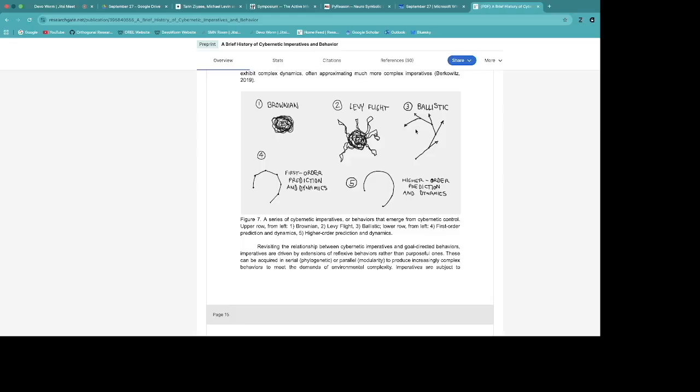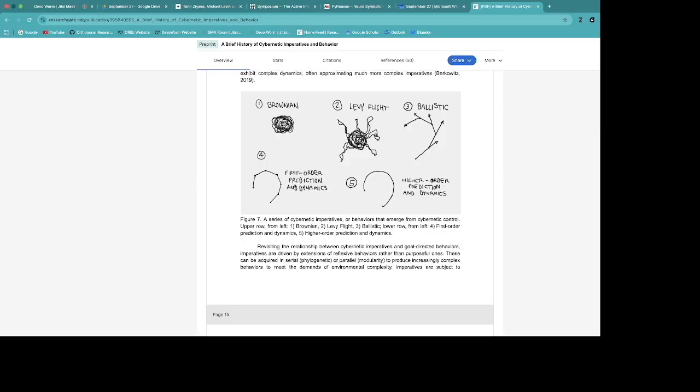Then you have ballistic movements, which are straight line movements in a certain direction that then get corrected later down the line through feedback, and you get this trajectory that keeps missing the mark and having to be corrected later. So you get this ballistic trajectory where there's very little instantaneous control. It's more like delayed control.